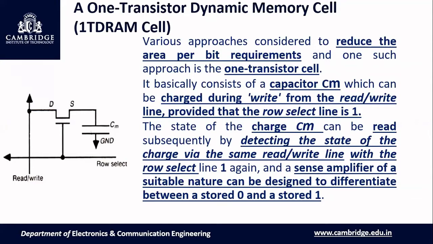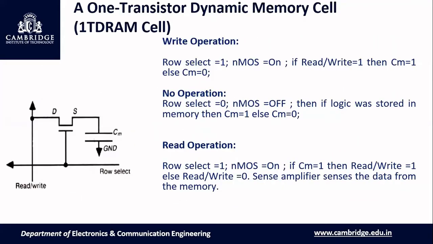Now we'll try to analyze the working of this one transistor dynamic memory cell. One TDRAM cell means it is one transistor dynamic random access memory cell. Dynamic means volatile, it cannot store for longer duration.